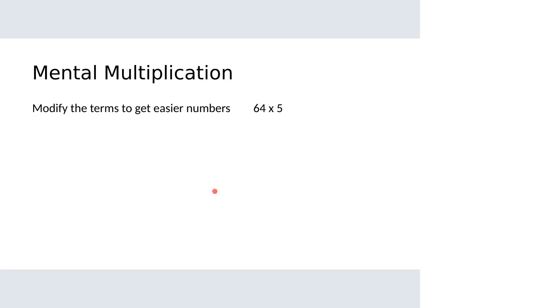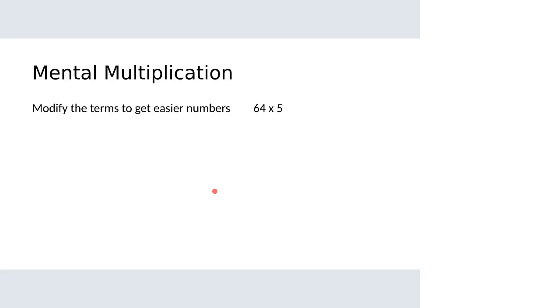A little bit of mental multiplication before we put multiplication away. It's possible there's other ways to go about multiplying mentally, but as a blanket, straightforward, relatively simple way to go, if we can change the numbers to make them easier to multiply, that's a great thing.